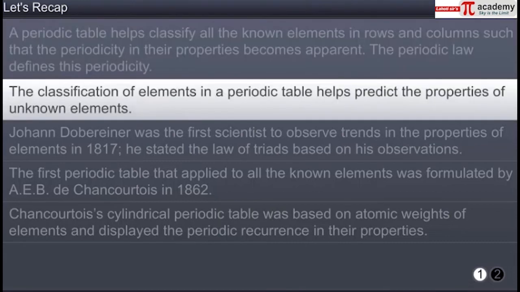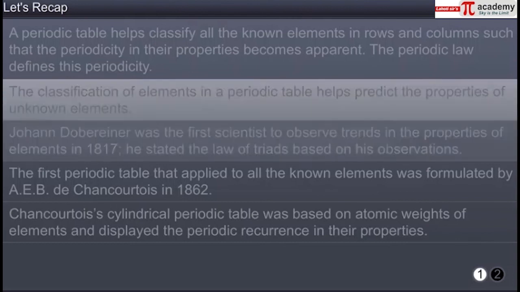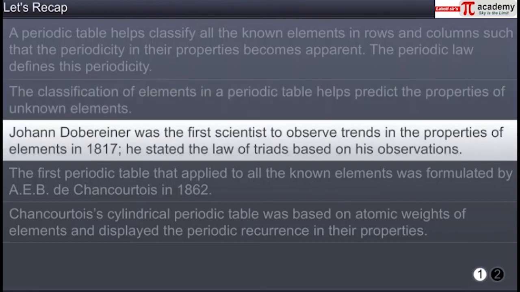The classification of elements in a periodic table helps predict the properties of unknown elements. Johann Dobereiner was the first scientist to observe trends in the properties of elements in 1817. He stated the law of triads based on his observations.